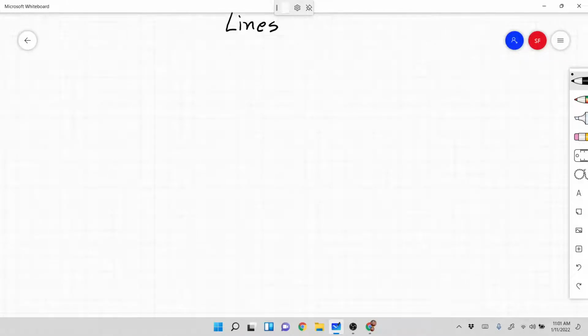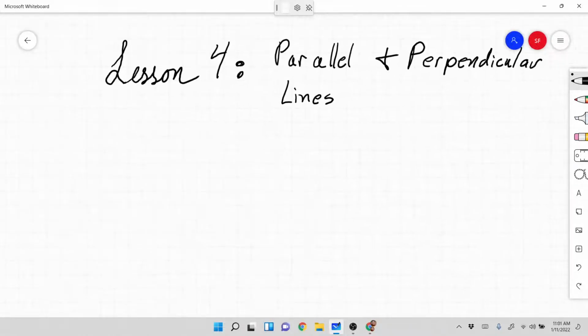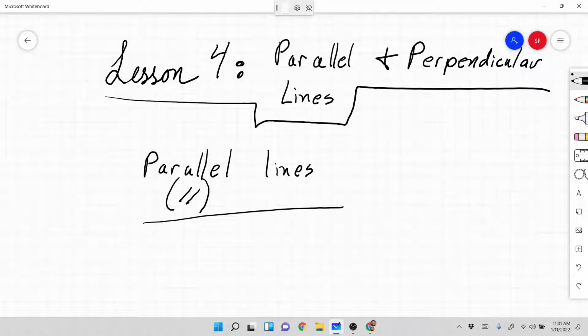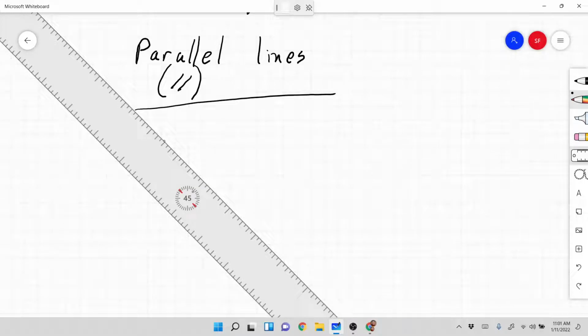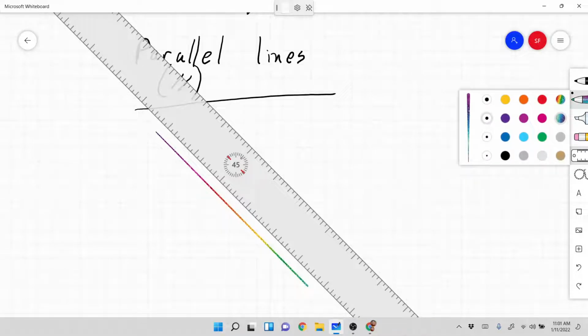Okay. I'm going to jump in with an example. Actually, we're not. We're going to jump in with some notes first, and then jump in with some examples. For parallel lines, which we're going to use that symbol for, what's true about the slopes of these two lines?